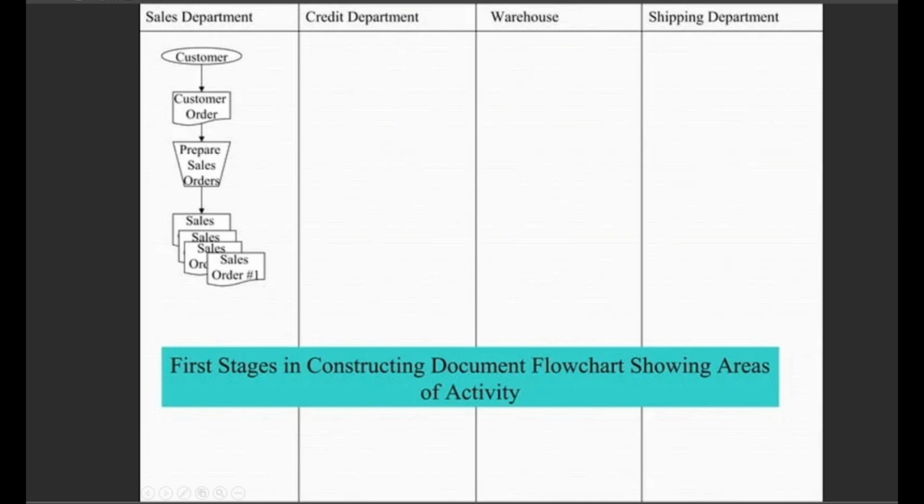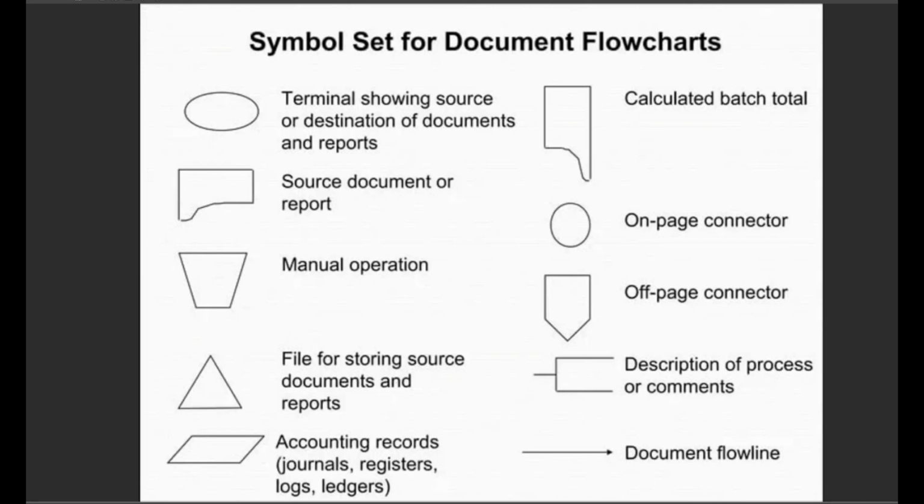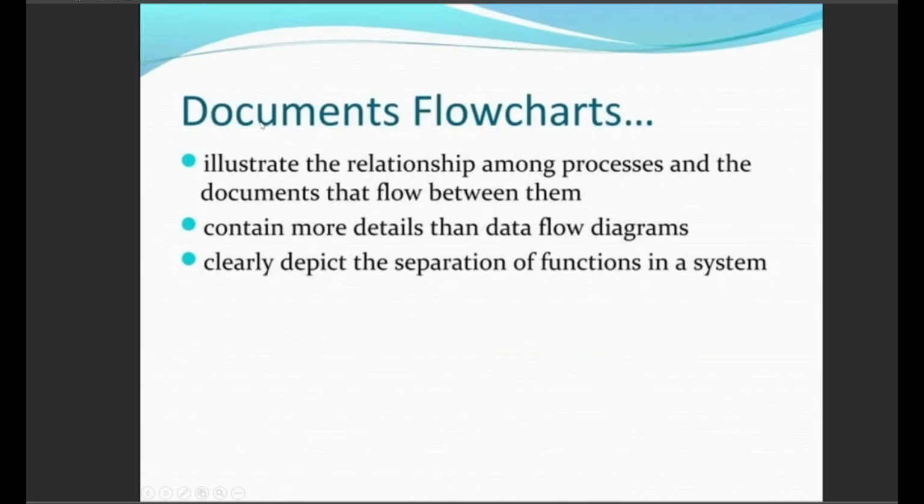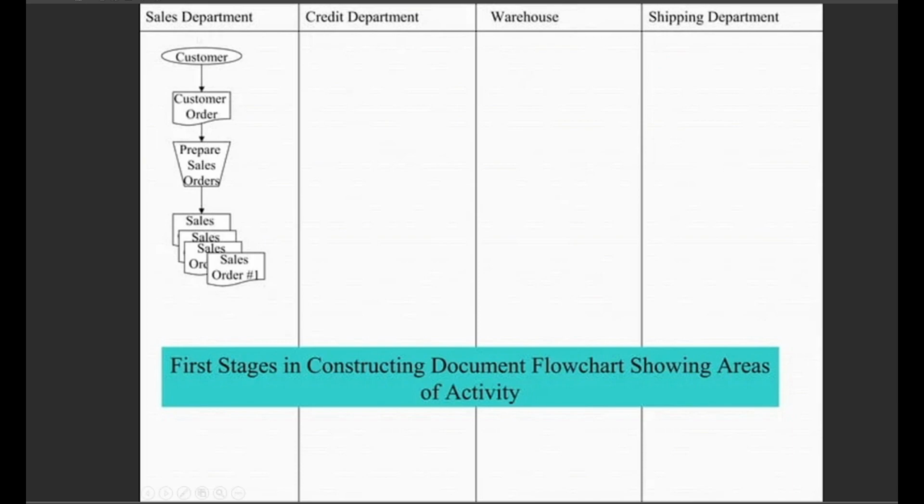For example, in the sales department, we will be having some transactions from a customer. If you recall correctly from the earlier discussion, the customer represents the symbol for terminal, showing the source of the documents or reports. It means a customer will give us something.